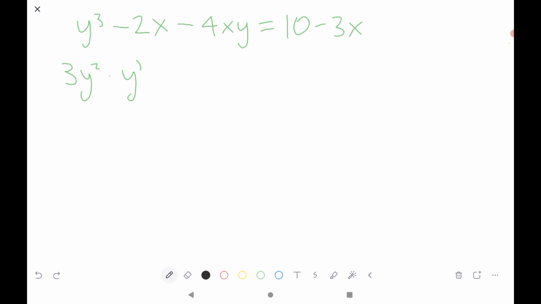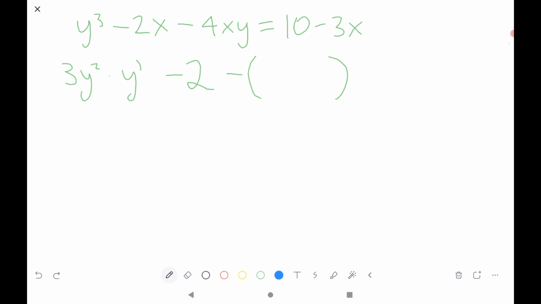Next, let's move on to differentiating the next term. To get the derivative of minus 2x, that's quite straightforward, we just get minus 2. Next, we need to differentiate minus 4xy. So I'm going to write the minus outside, and inside the brackets we're going to find the derivative of 4xy.